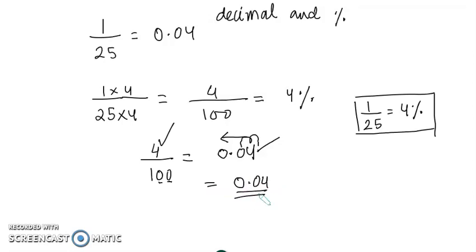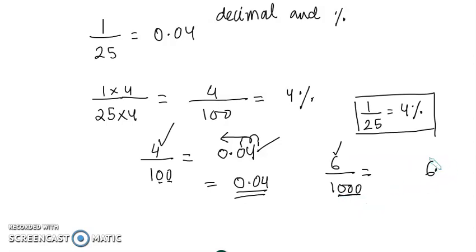So your answer will be 0.04. Similarly, if you have to change 6 by 1000 into a decimal, then simply write 6, then count the number of zeros. There are 3 zeros.